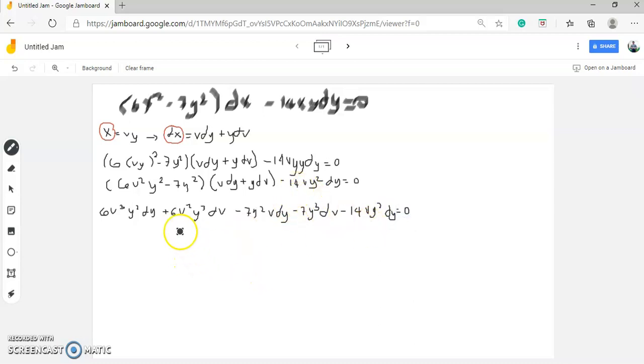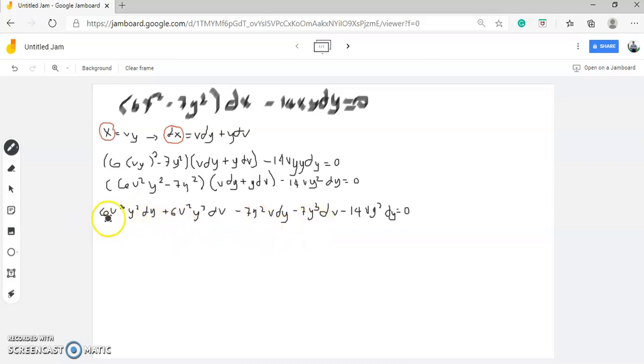From here, let's look into these equations. What is common to all the equations that we can use to simplify further? From y, only y squared.